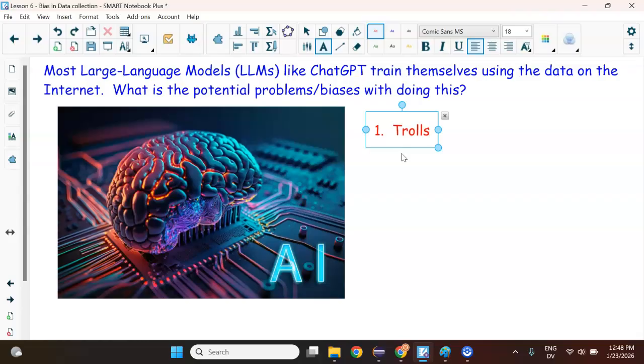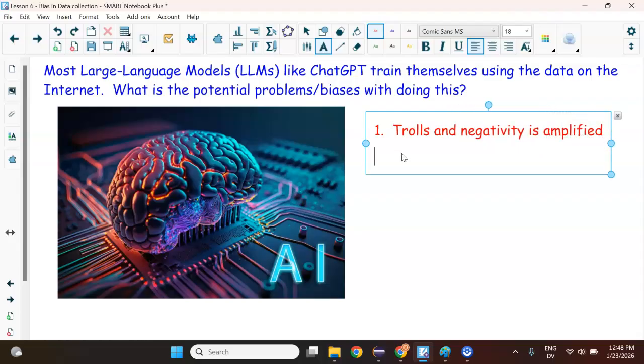So basically trolls and negativity are amplified on the internet, right? And that is not good. And then ChatGPT, they eat all that, or they read all that stuff, and then those comments and thoughts get in the AI, which is not good.